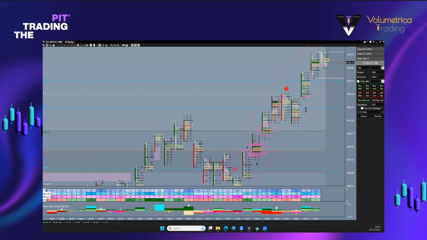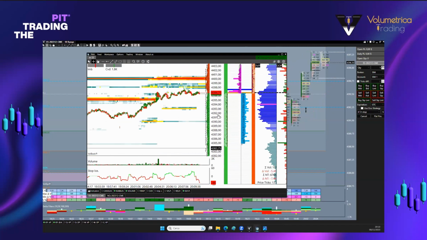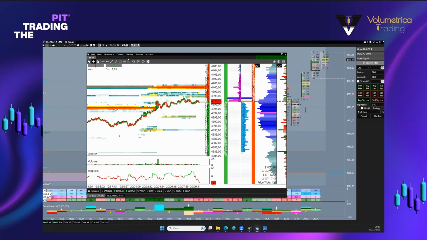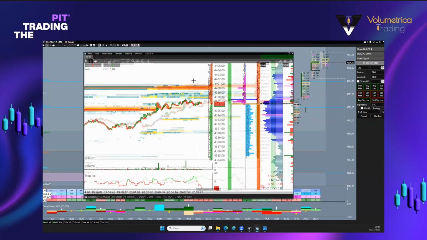We aren't really able to know in advance where the most liquidity is provided until we actually trade it. And that's what the heatmap is for.